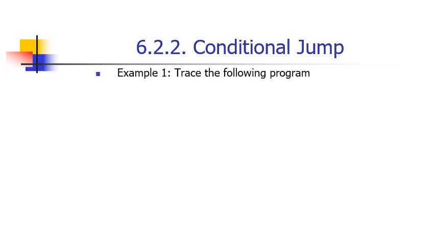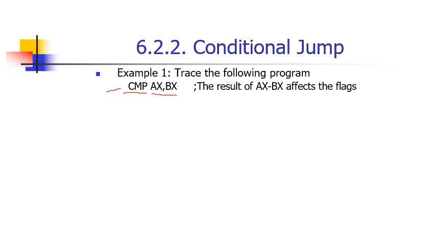All right. Example, trace the following program. Okay, compare AX, BX. What this instruction does, it calculates the difference AX minus BX. So it's a sort of subtraction, but it differs from subtraction in this way.